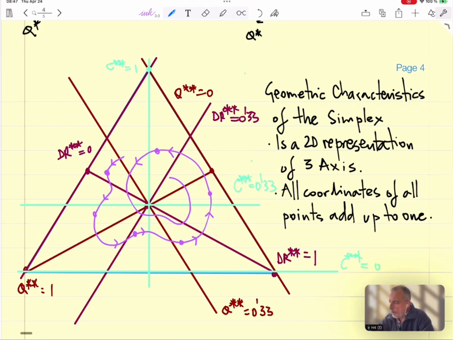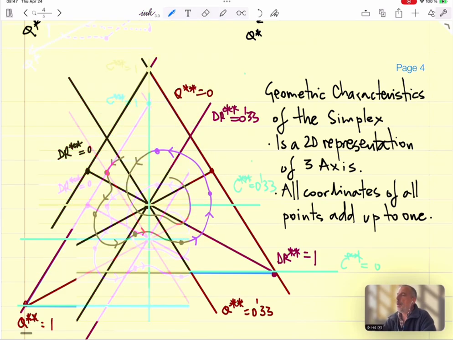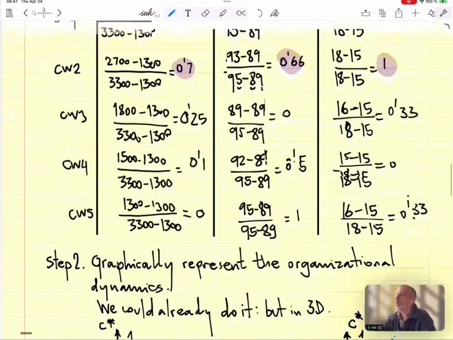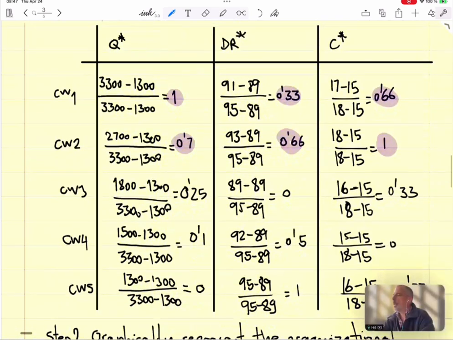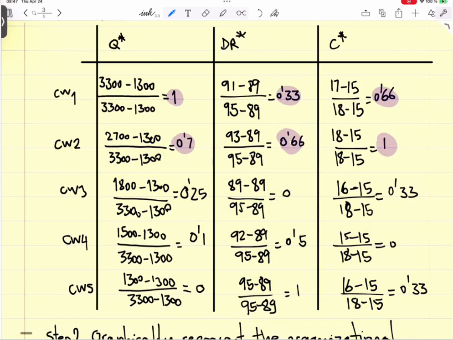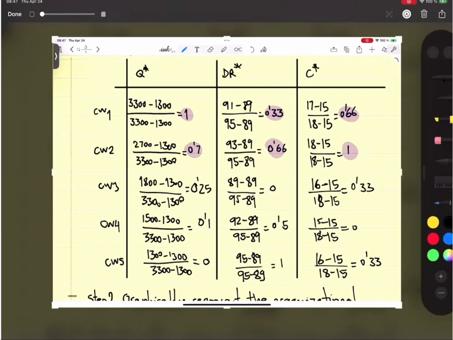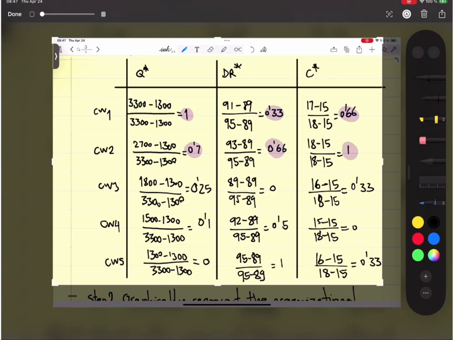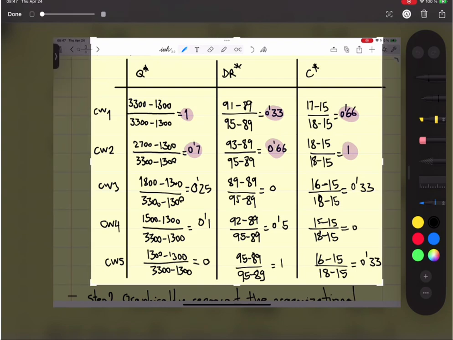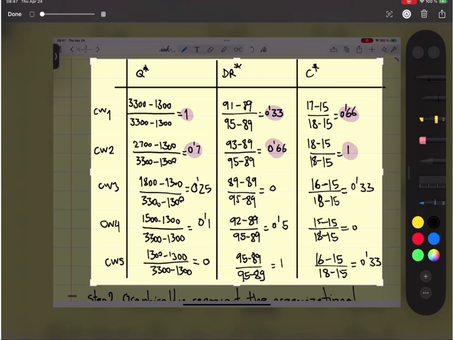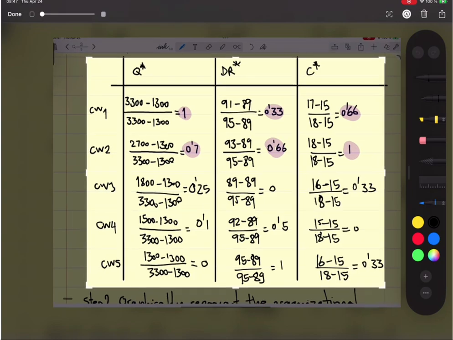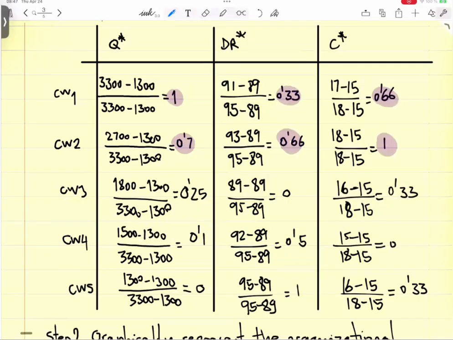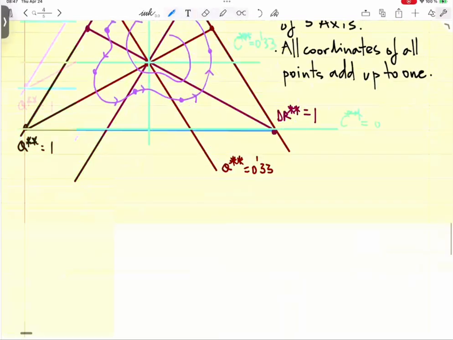Then let's put it in numbers, what we want to do. For that, we need this data. We make a screenshot there. So I bring it here.